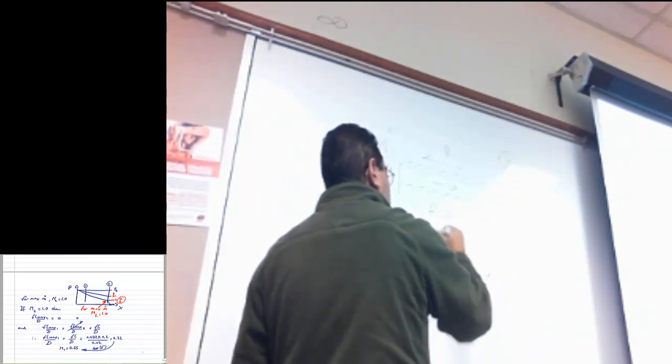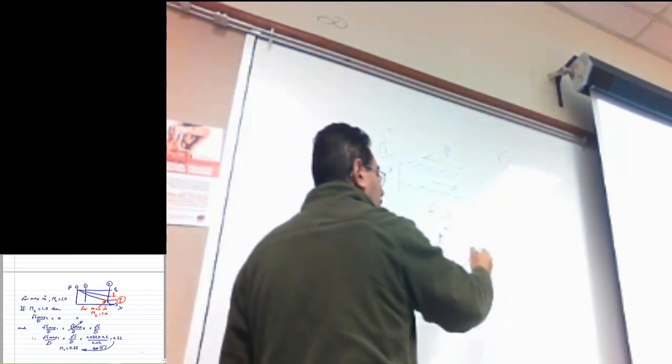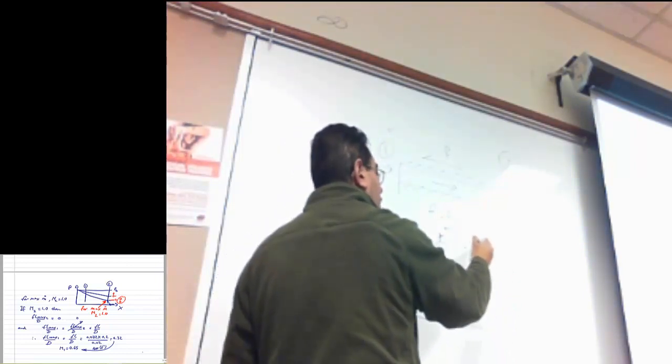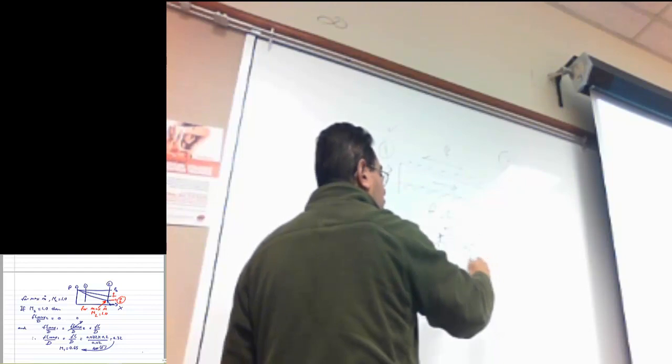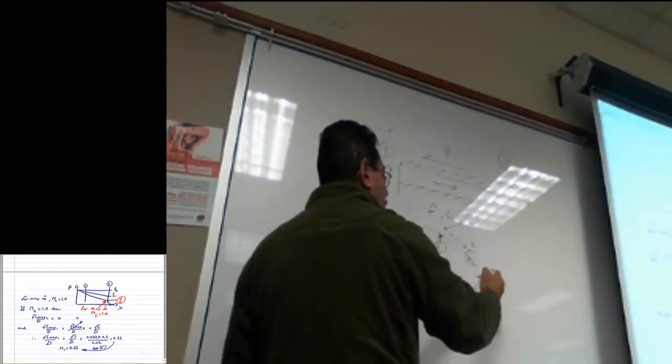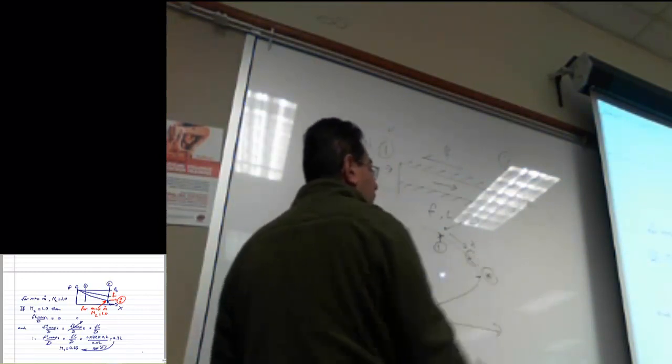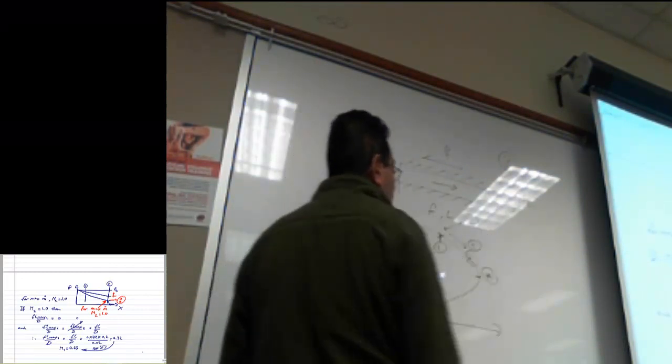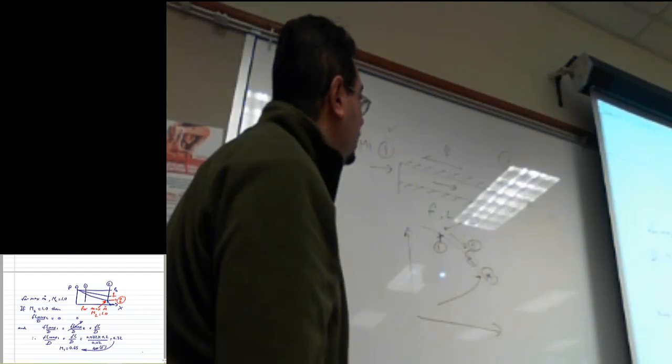And so if you start here, subsonic point 1, you will go to point 2. Point 2 could be like this, or if the duct is long enough, you could even hit the sonic point at the end.